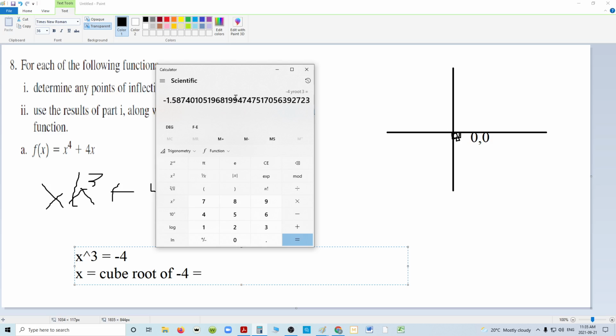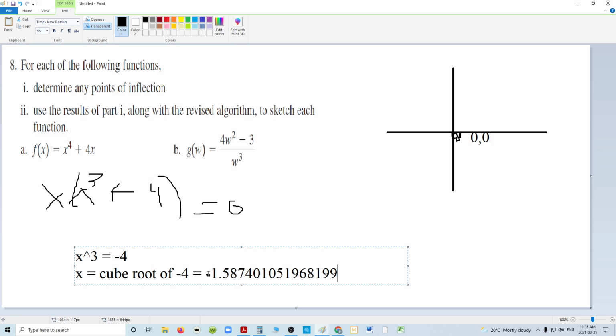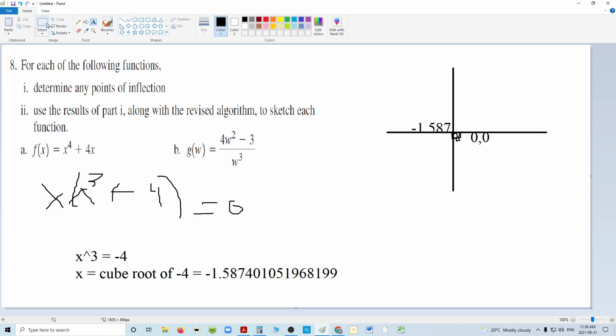Negative 1.587. I'll just copy that, okay? There we go. Which means over here, at negative 1.587, is the other point it goes through. But that's it. Those are the only 2 points it goes through.